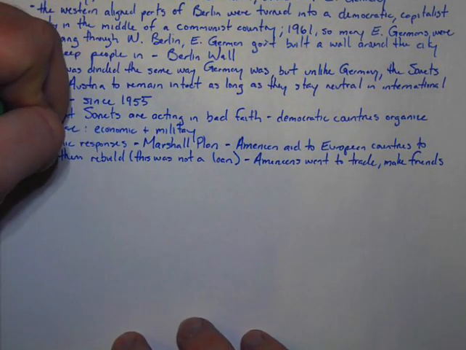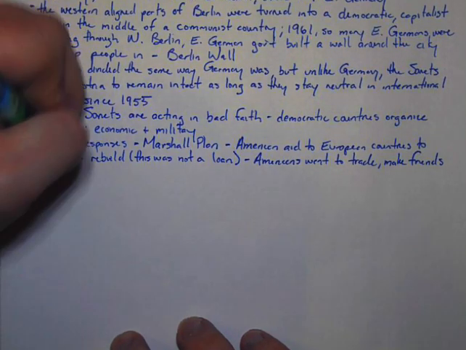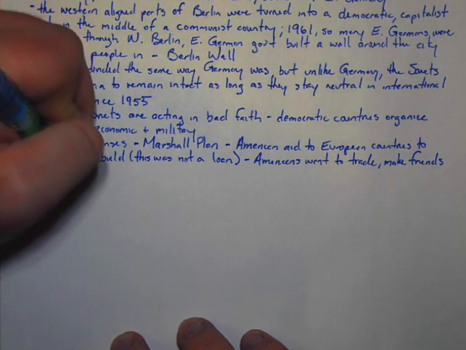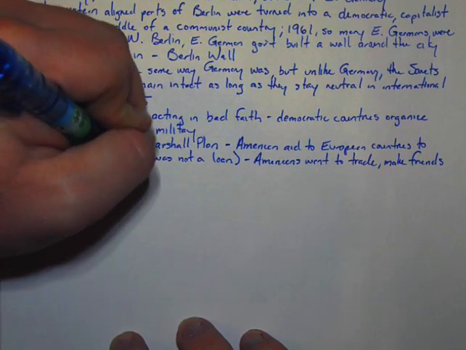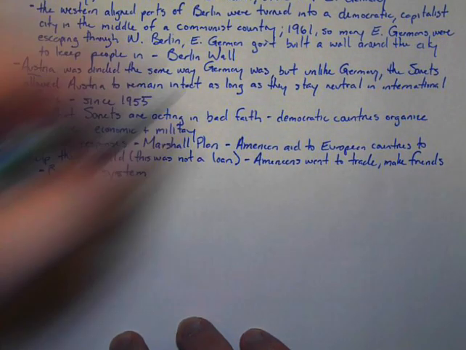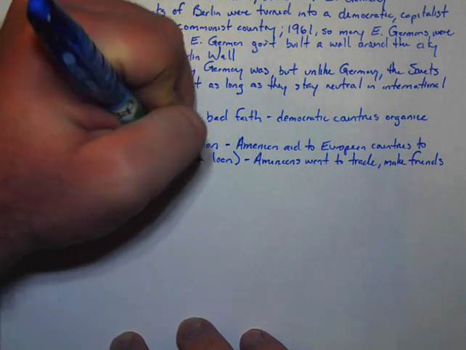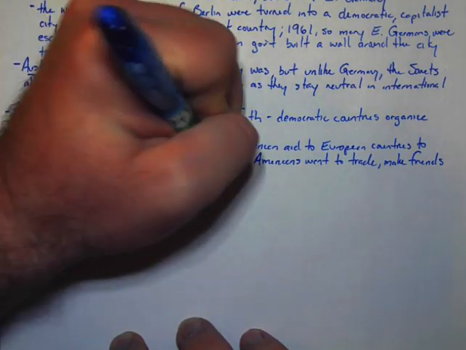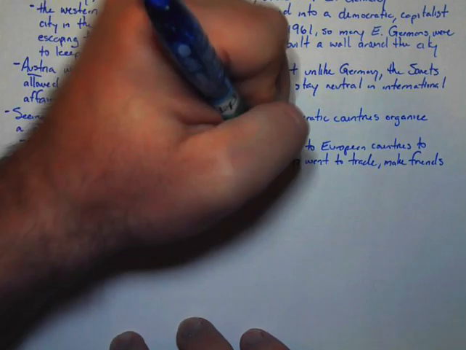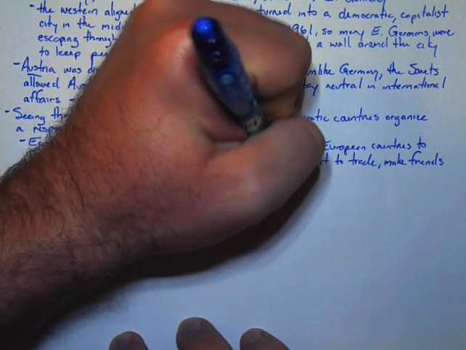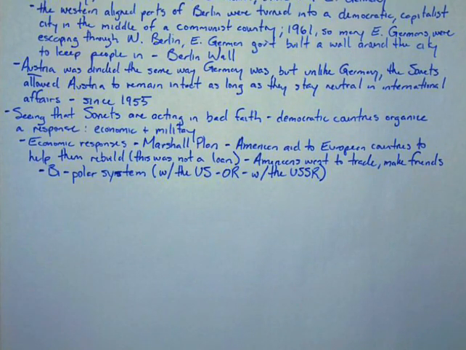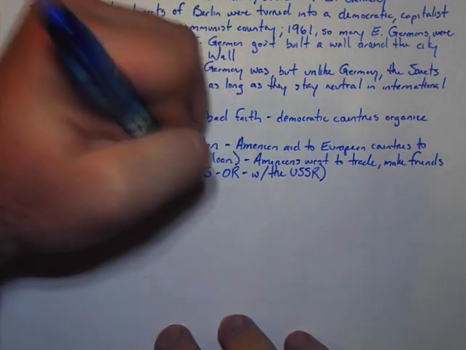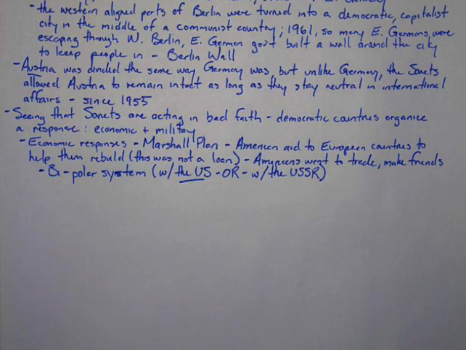And so what we start to see here is this bipolar system that really marks what the Cold War is all about. You're either with the United States or you are with the Soviet Union. And the money that the Americans are putting forward here put you solely with the Americans.